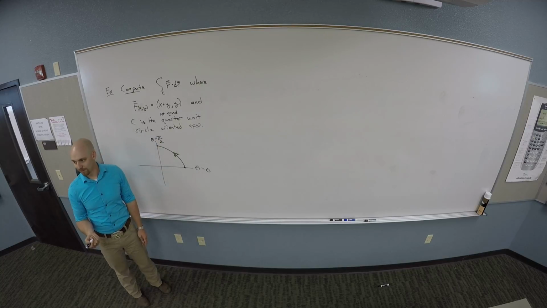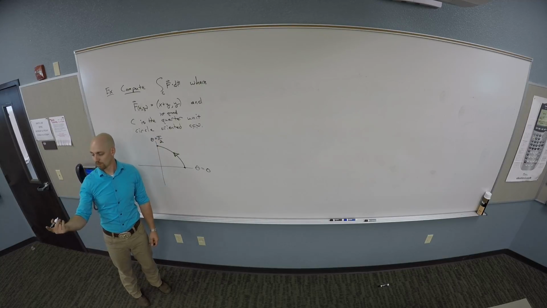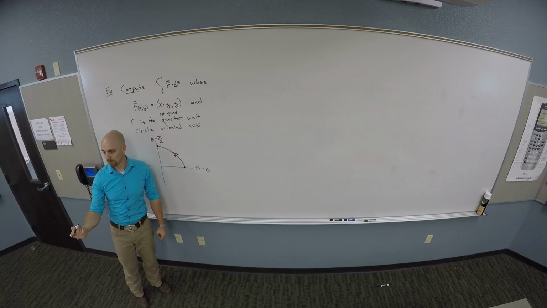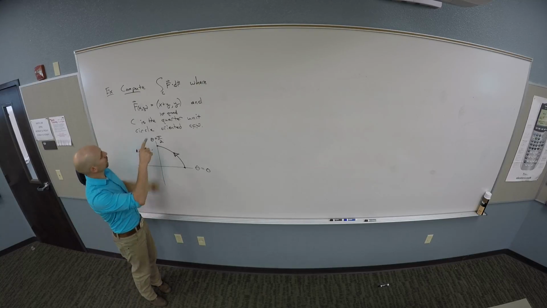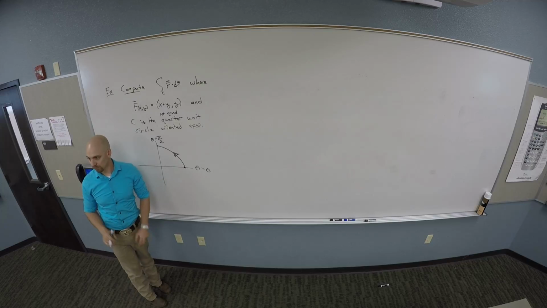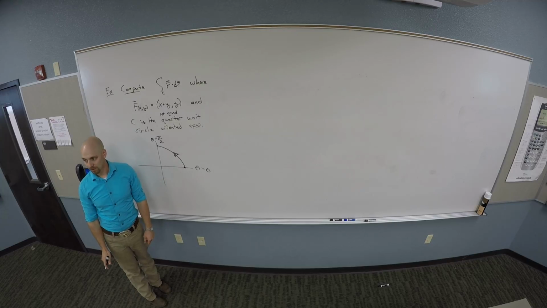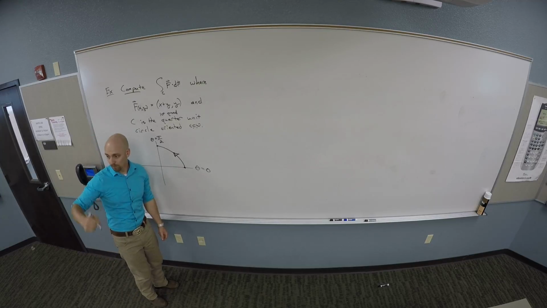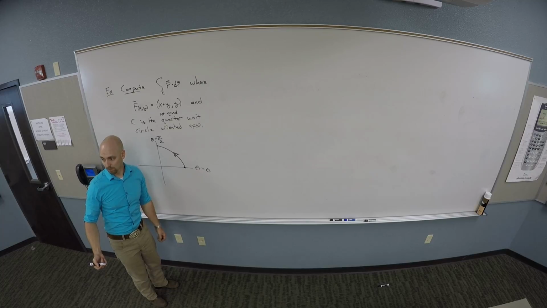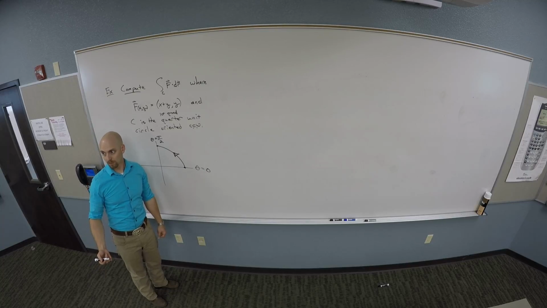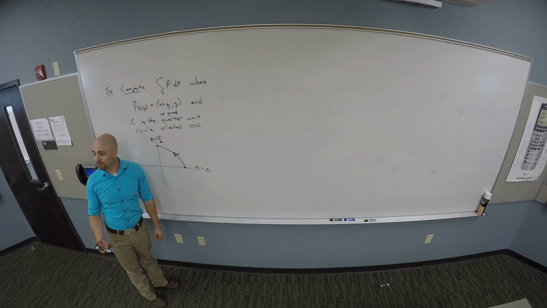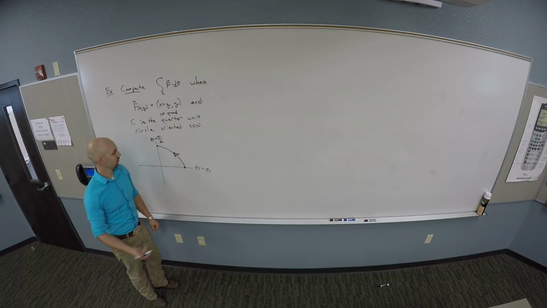Can we not use x and y coordinates? I probably can't, because I need this to be in one variable. What are your x and y in terms of one variable for the unit circle? Well, r cosine theta and r sine theta.